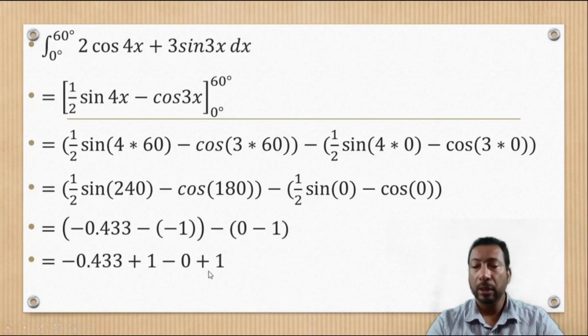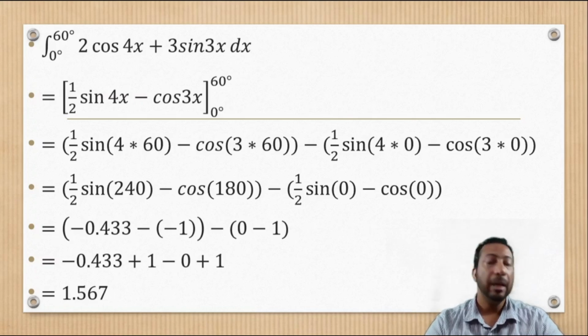So 1 plus 1 is 2, and then 2 take away 0.433 leaves us with 1.567. So that is your answer. When working out problems like these, you have to be careful with your positive and negative signs. For most of you, that may be where you might lose marks.